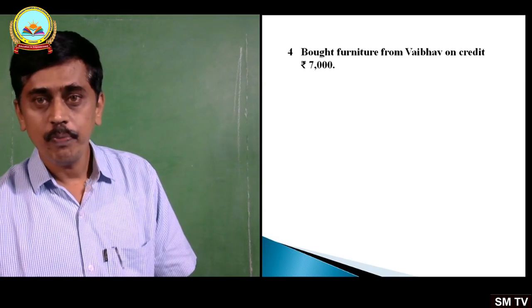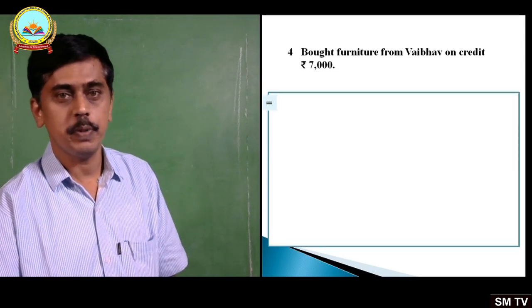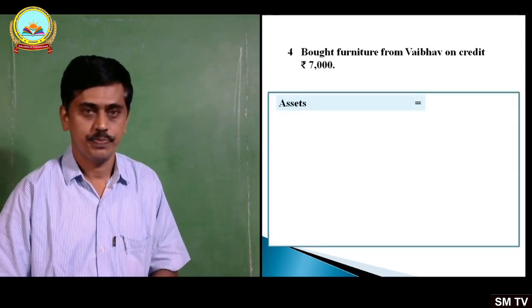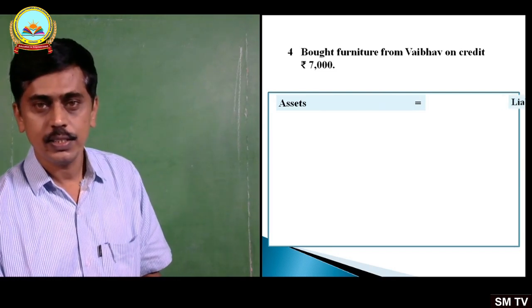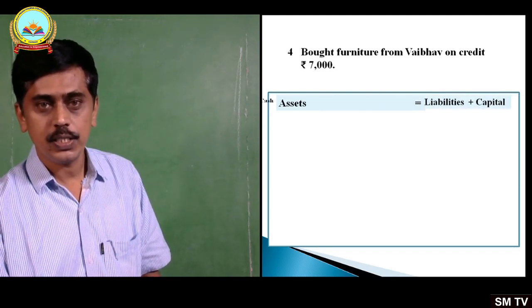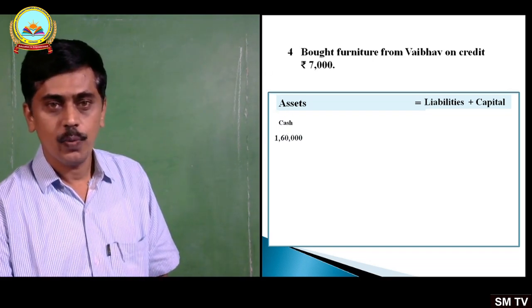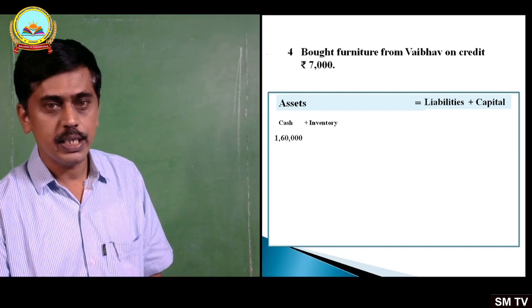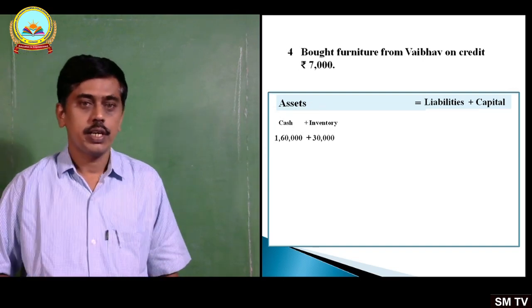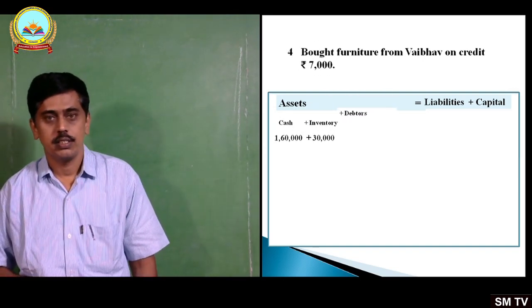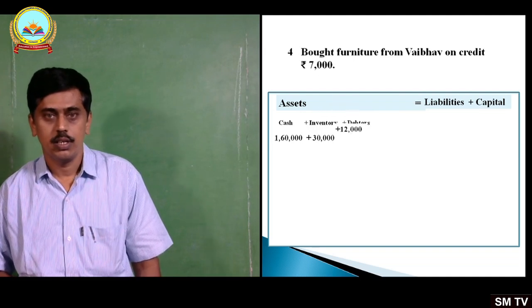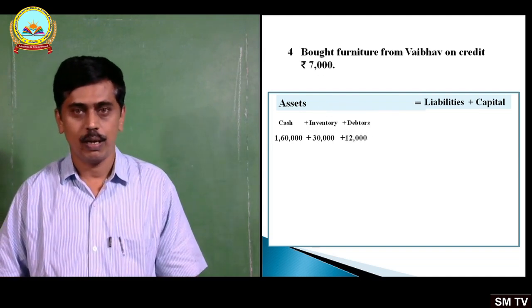Bought goods from Vaibhav on credit, rupees 7,000. Assets equals liabilities plus capital. Write the existing position here. Cash 1,60,000, inventory 30,000, and debtors 12,000.